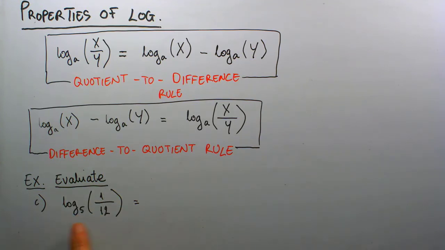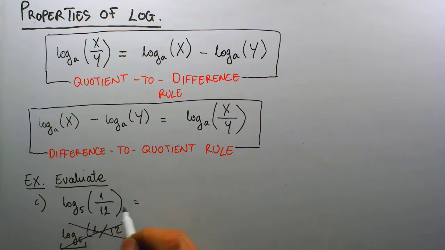So back to what I was saying earlier, we definitely want to avoid typing directly log base 5 of 1 divided by 12 into a calculator, because first of all, there is no immediate key available for log base 5. So we are going to stay away from that route.